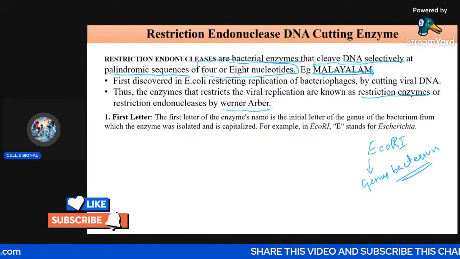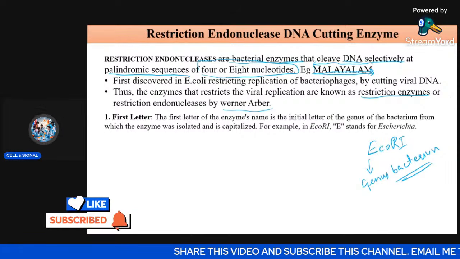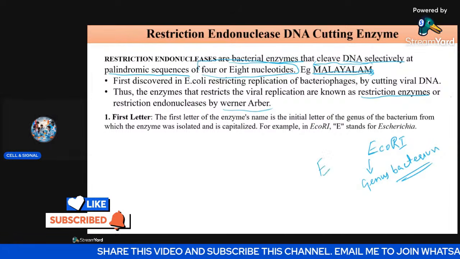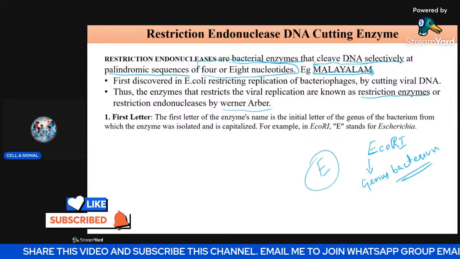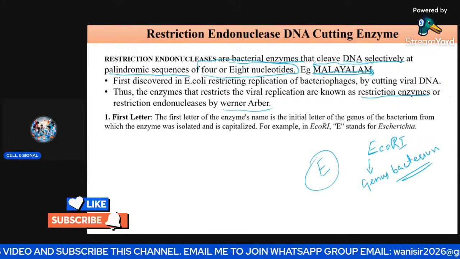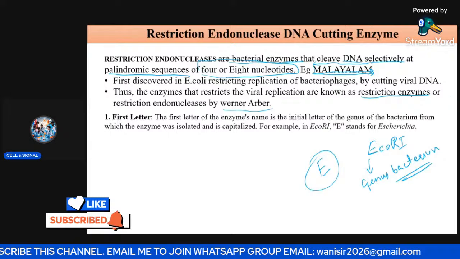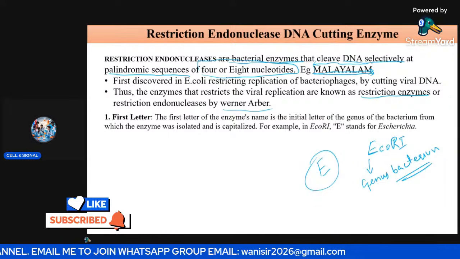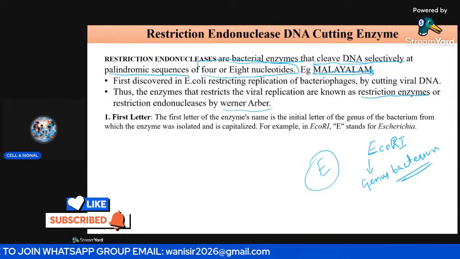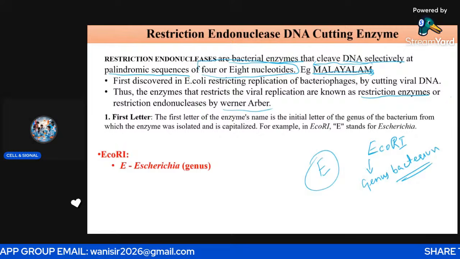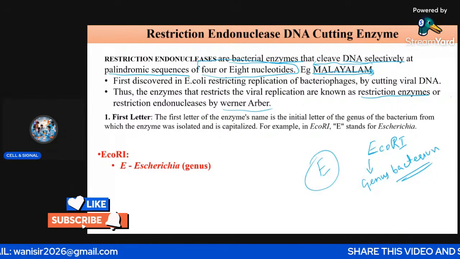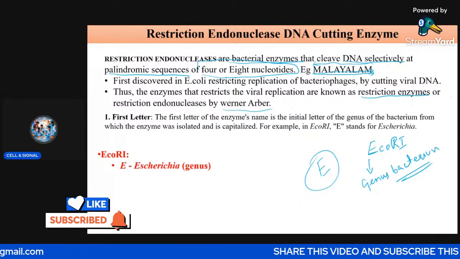You should remember that it is always written in capital form. It should be capitalized. That means we write the capital E, and this is the enzyme isolated from E. coli. In EcoRI, E is the genus name, Escherichia.